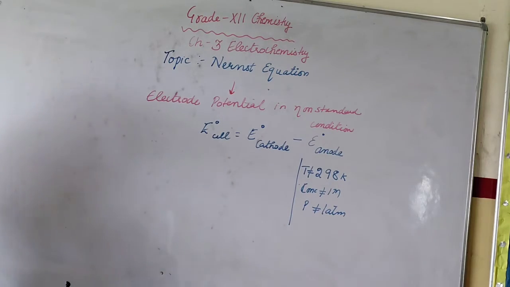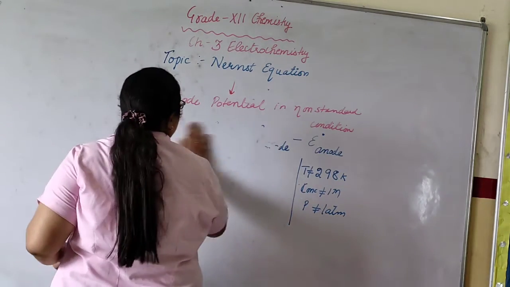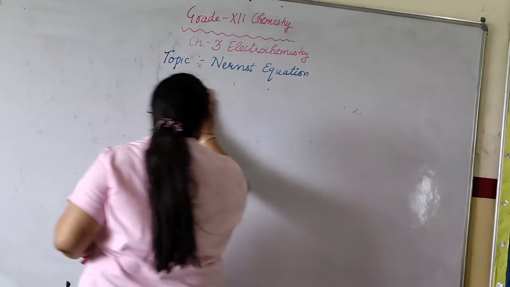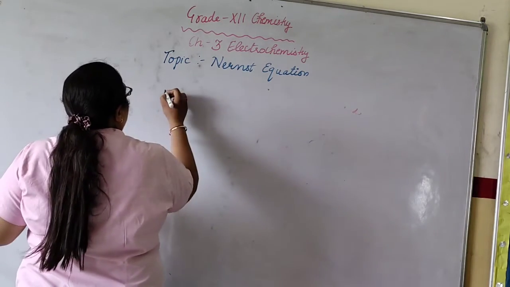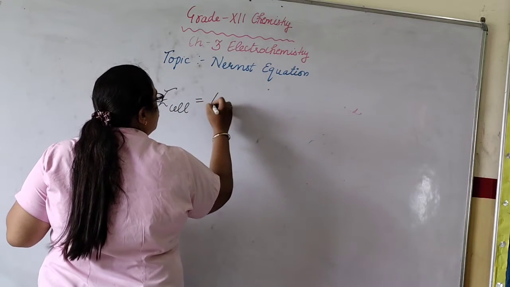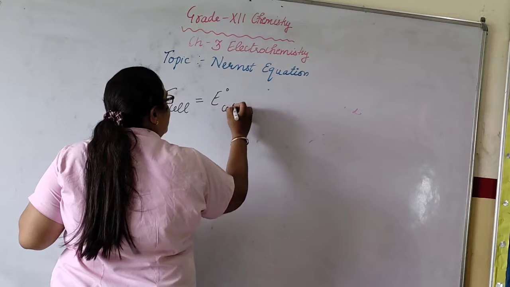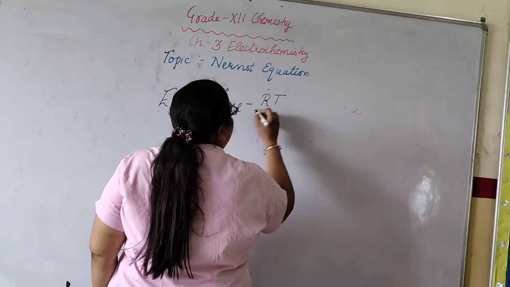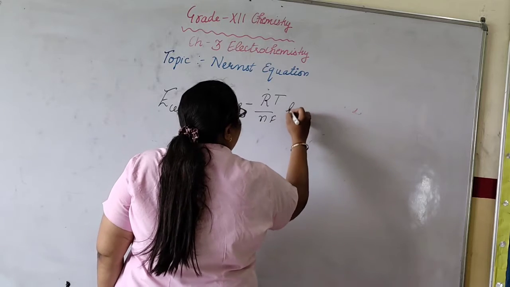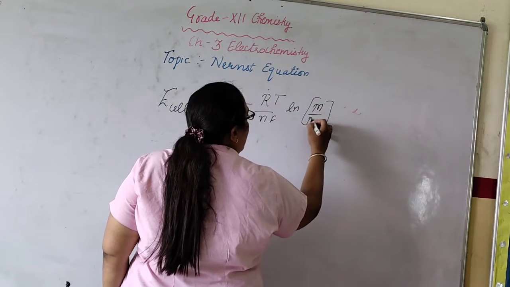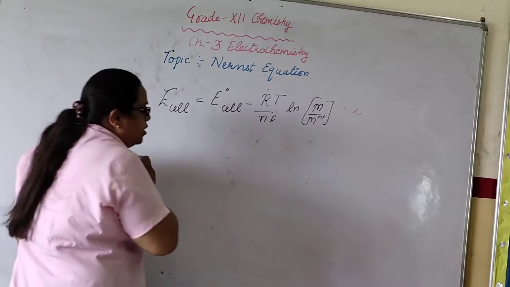What is that equation? E cell is equal to E naught cell minus RT over nF ln of metal concentration over ions concentration.